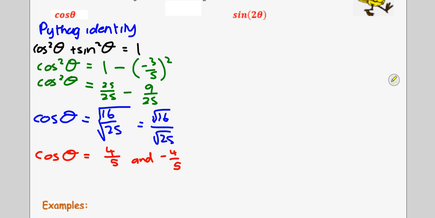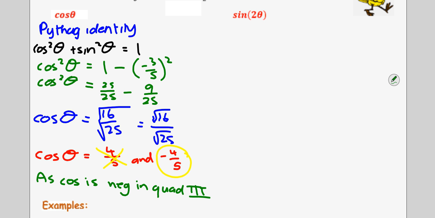So I'll cross out that one and accept this one, as cos is negative in quadrant 3. So yes, there is a positive and a negative, and you just want to decide which one it is. Brilliant.